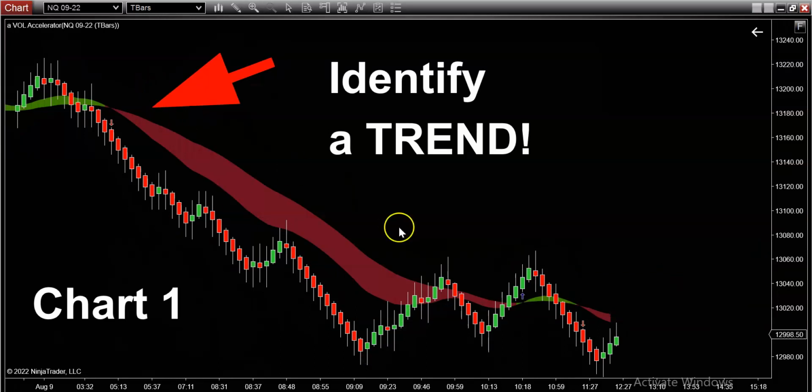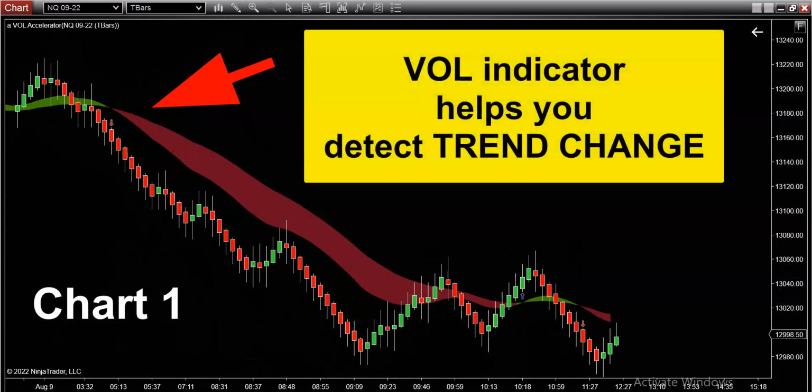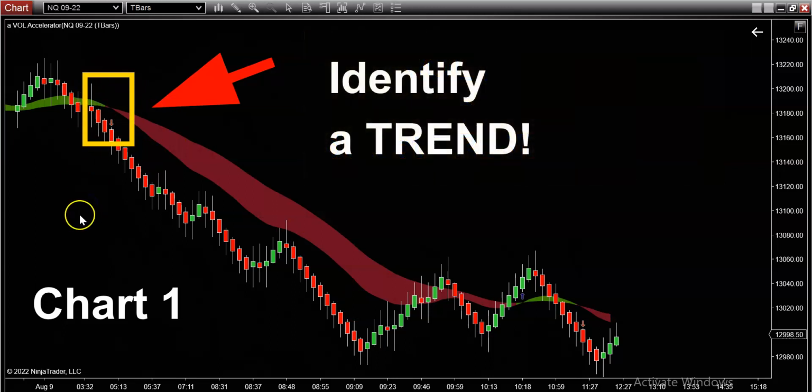Okay, and folks, before I get into the specifics of this trend trading strategy, I'll quickly outline for you guys what you're looking at here. For those of you guys that might not be in the know, this green and red color band that you see overlaid on top of the chart is our proprietary volume-based indicator. I call it the vol, and I think this volume indicator does a world-class job at detecting and potentially identifying the starting point of a trend.